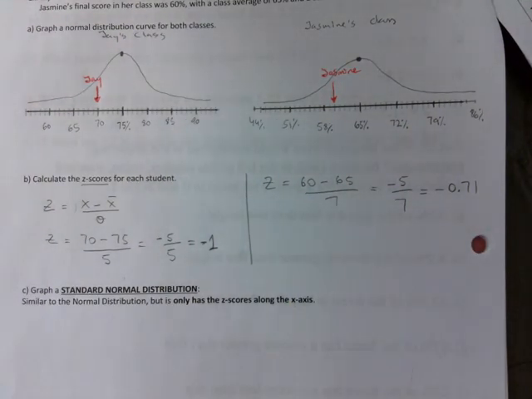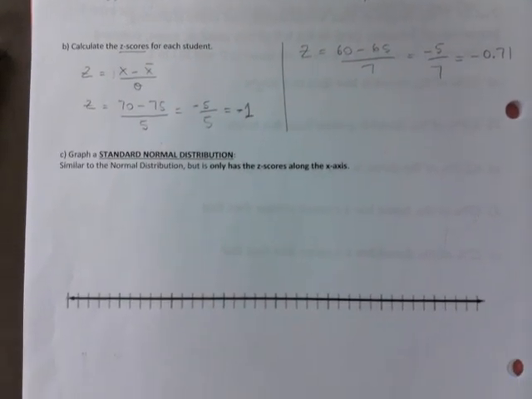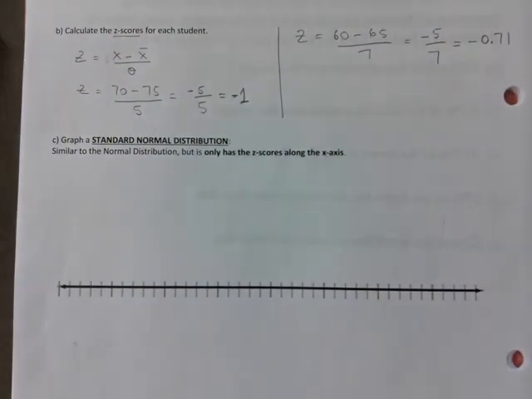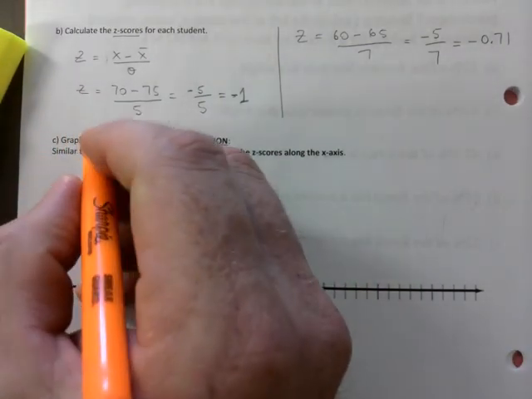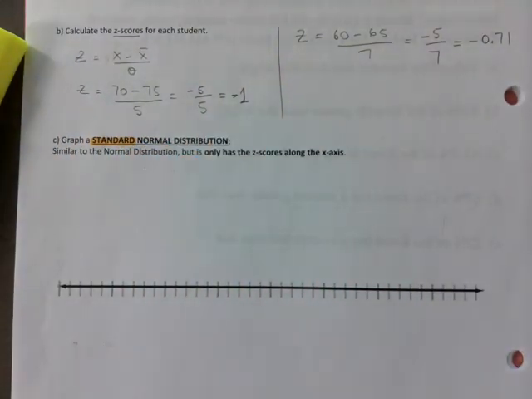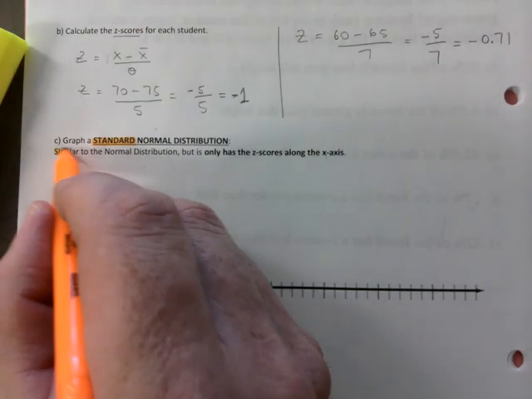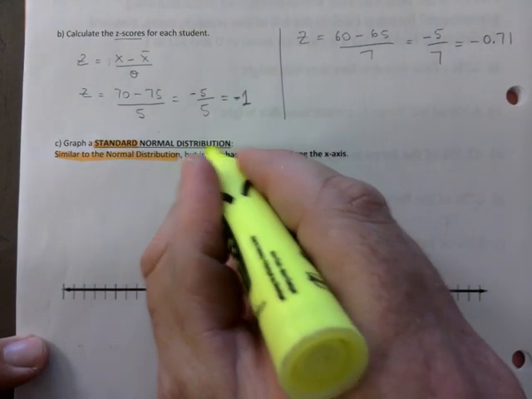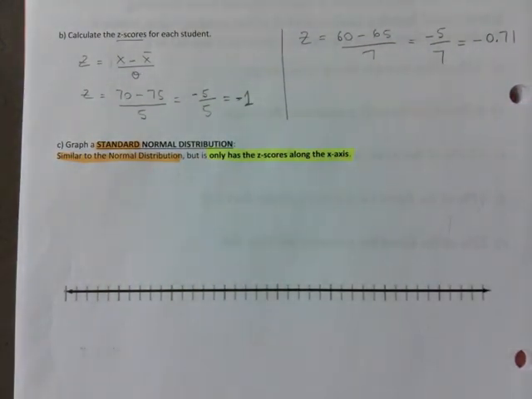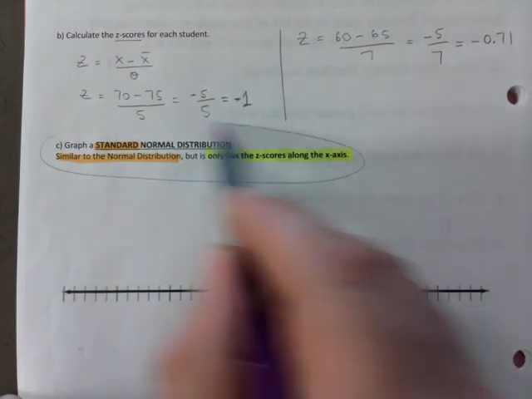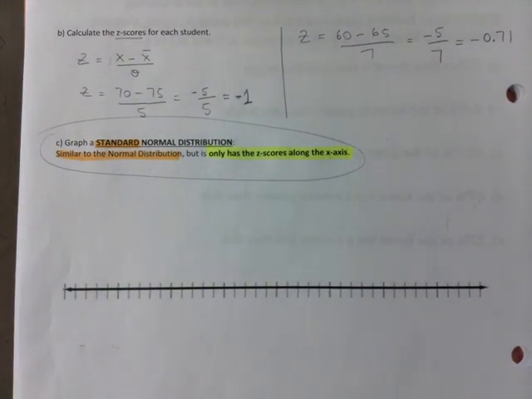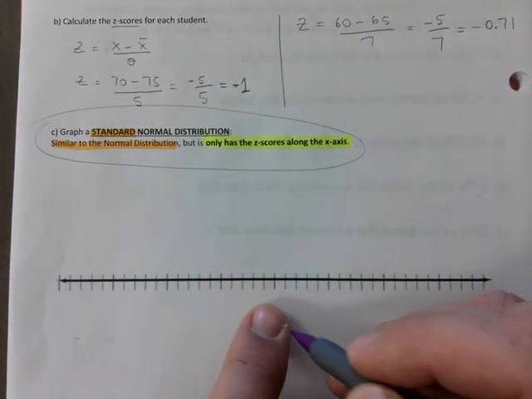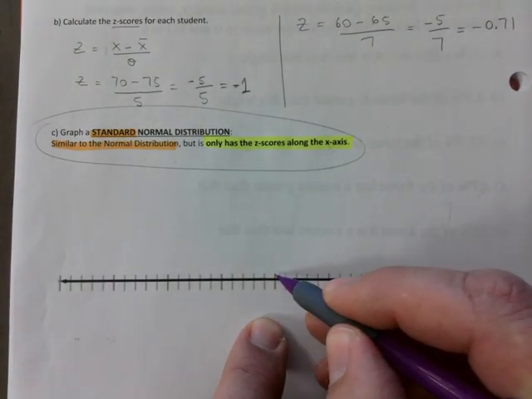Let's just keep going. I will give you the visual on that curve below. Graph a standard normal distribution. It is similar to a normal distribution, but what's the difference here? It only has z-scores along the x-axis. That's the difference. I'm going to pick this as my middle.